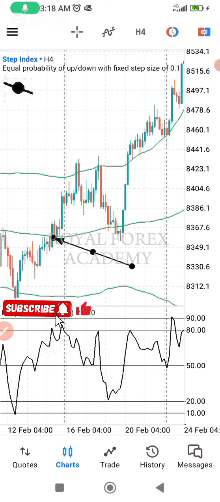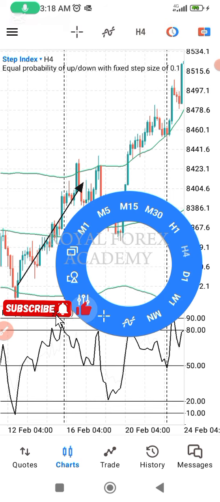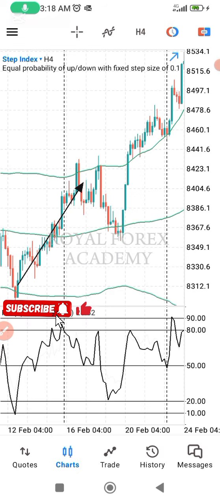You will need a validation, which means that if price crosses it this way, you need the price to retest it this way, and then let it validate by giving us an engulfing candlestick pattern, and afterward we have this engulfing candlestick pattern.